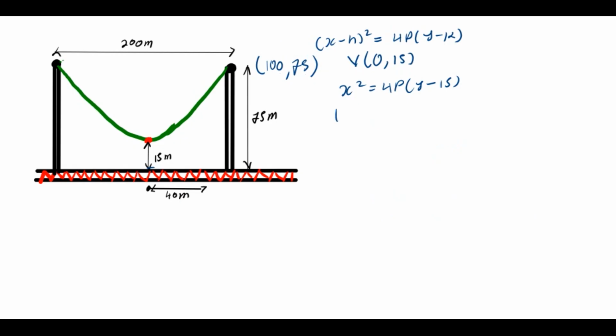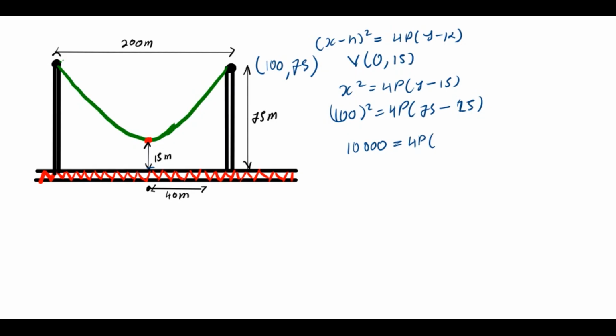So we just plug in here: 100 squared equals 4p, then y is 75 at distance 100 in the x, so we say minus 15. So 100 squared is 10,000, and that would be 4p times (75 minus 15). 75 minus 15, is it 65?